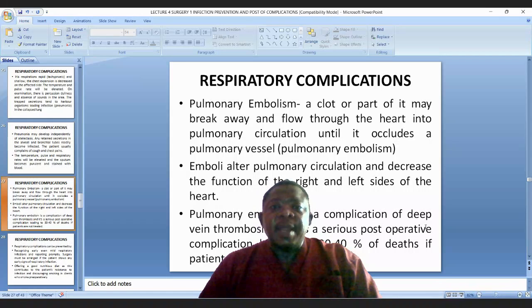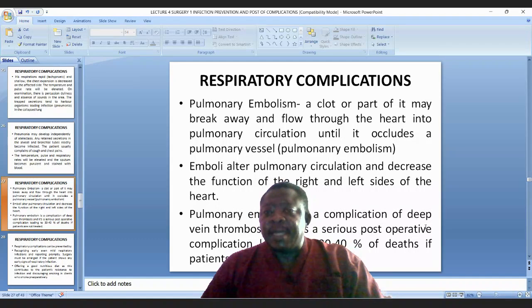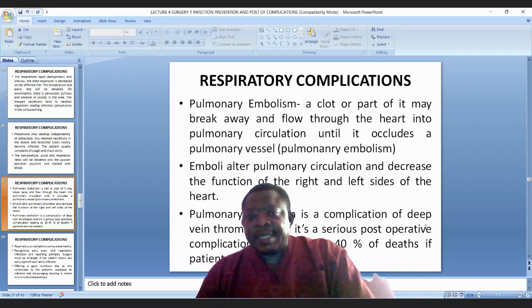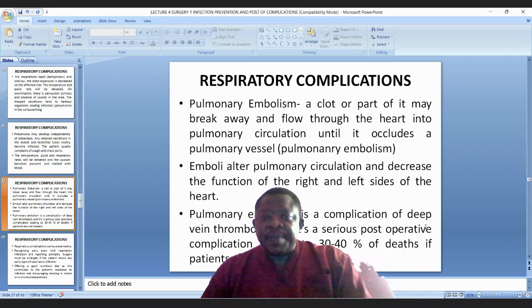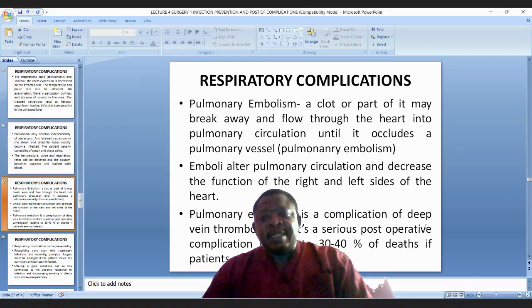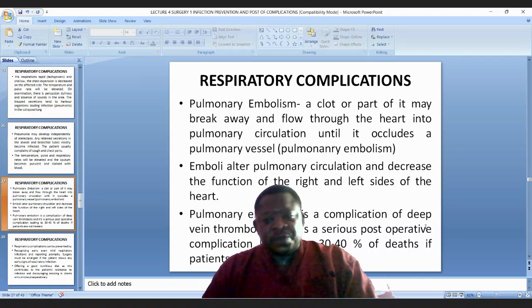Emboli may alter pulmonary circulation and decrease the function of the right and left side of the heart. Pulmonary embolism is a complication of deep vein thrombosis, and it is a serious postoperative complication that may lead to 30 to 40% of death if patients are not treated.